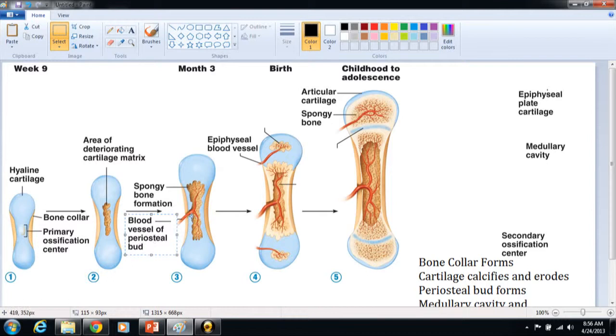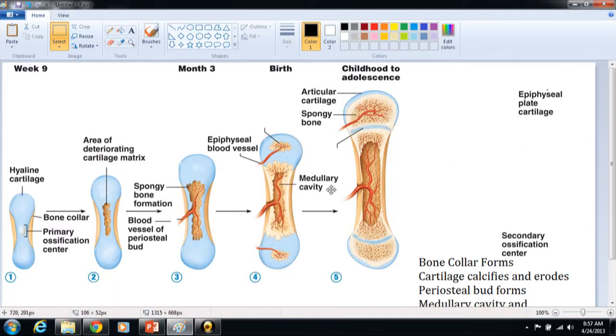The periosteal bud brings blood, so you then have a source of nutrients to feed the osteoblasts so they can start secreting bone matrix. So the periosteal bud is formed, and you start getting bone in the center of your forming bone.